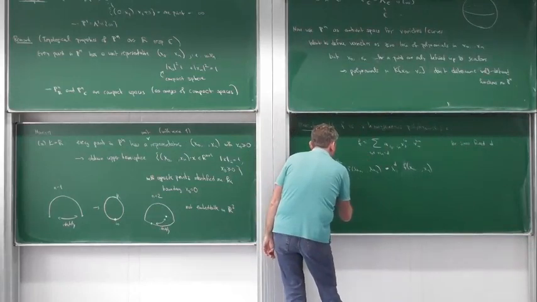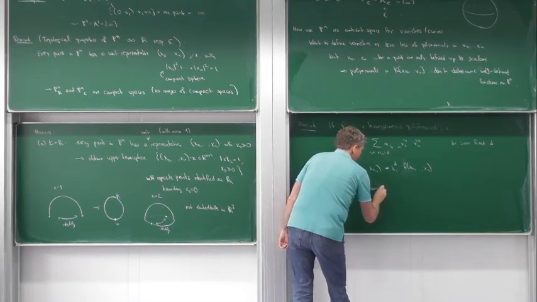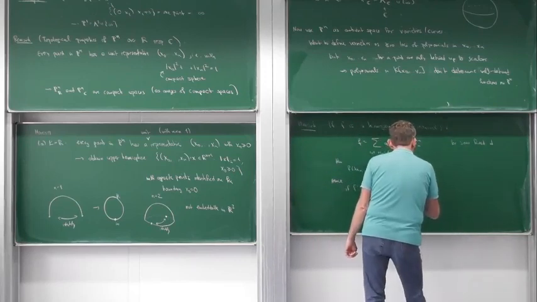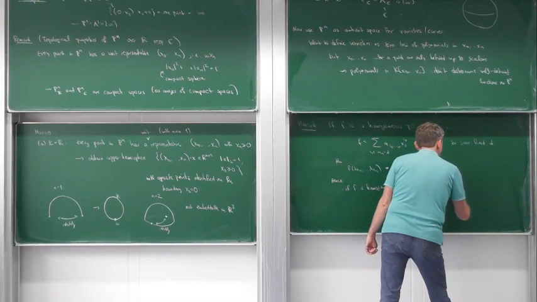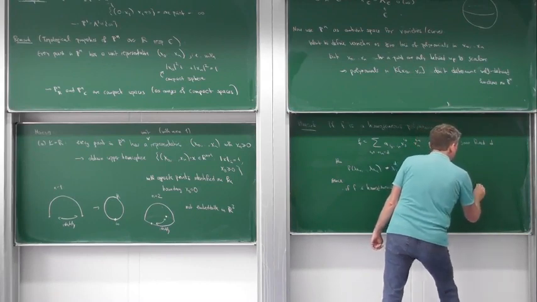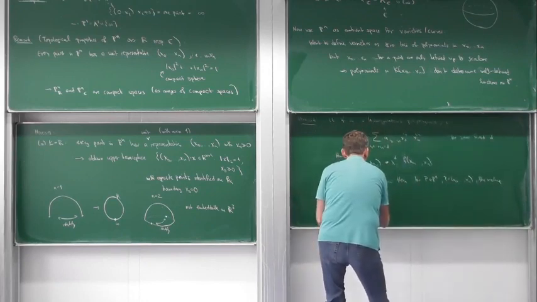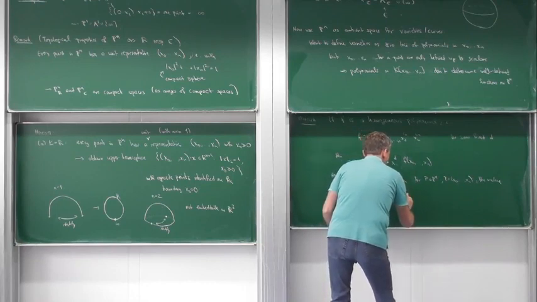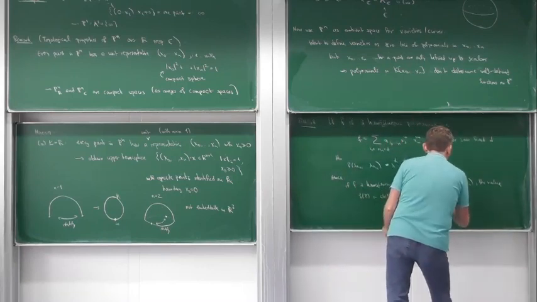Hence, A: if f is homogeneous, then for a point P in Pn, say P is x0 up to xn, the value f of P is still not well defined, but the condition that it's 0 is.